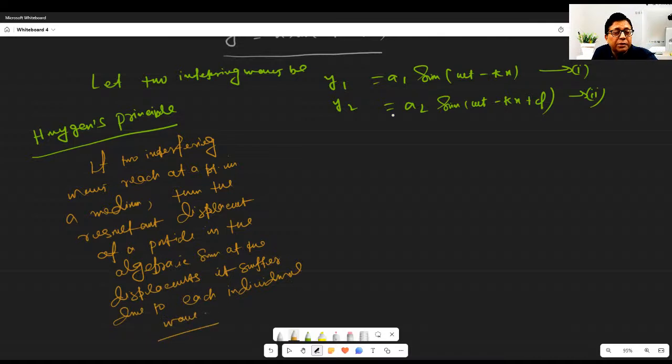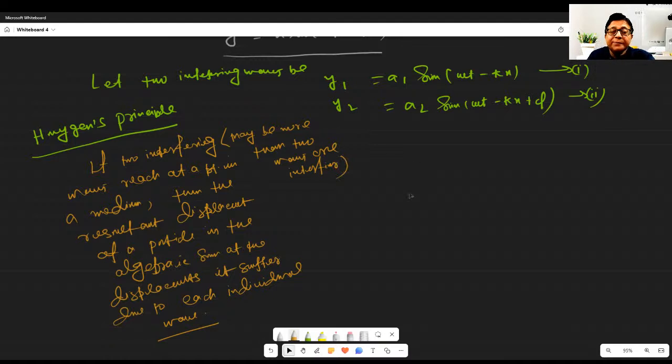Actually, this is true for two or more interfering waves, maybe more than two waves are involved or interfering. It may happen.